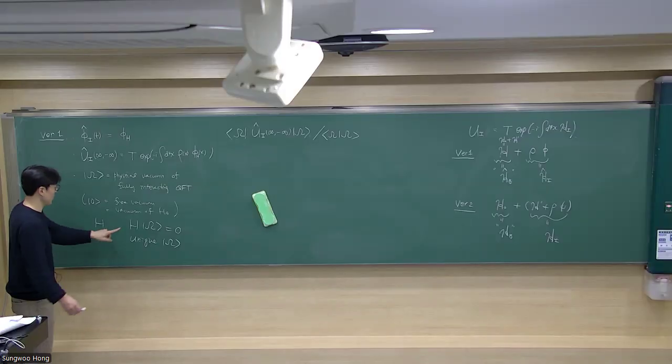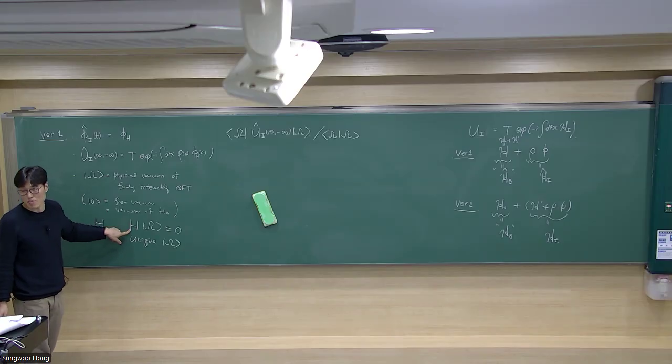So if you recall, H in the free theory can be written as alpha dagger alpha in terms of annihilation operators. If you act on that free vacuum, it gives you 0. And we had the interpretation that the free vacuum means no particle excitation, because of that link.